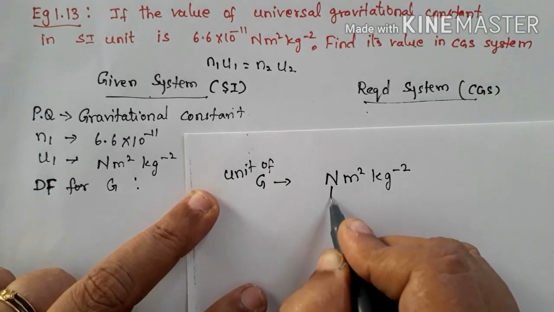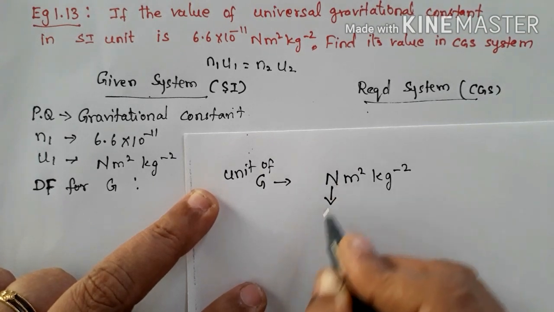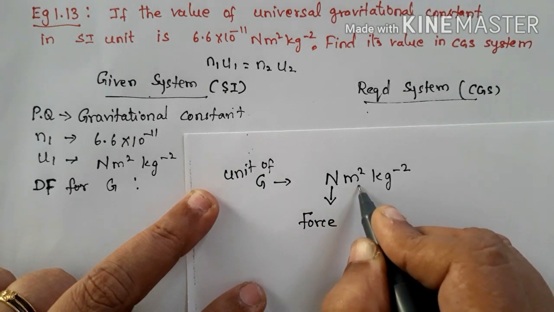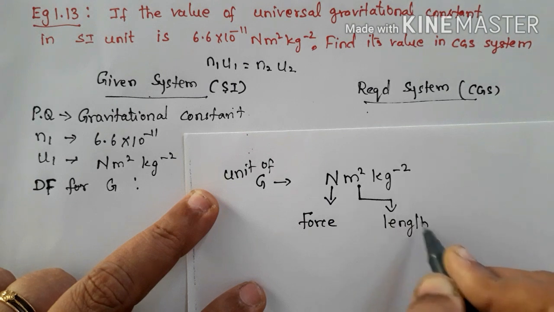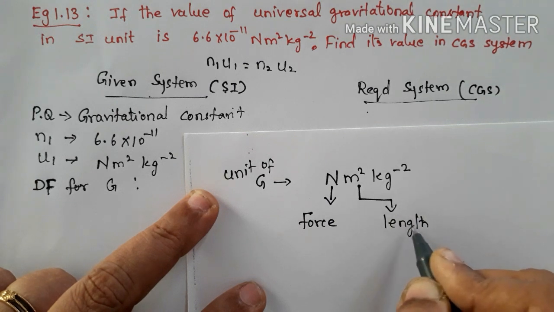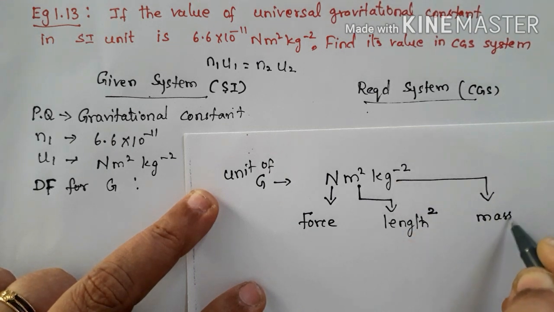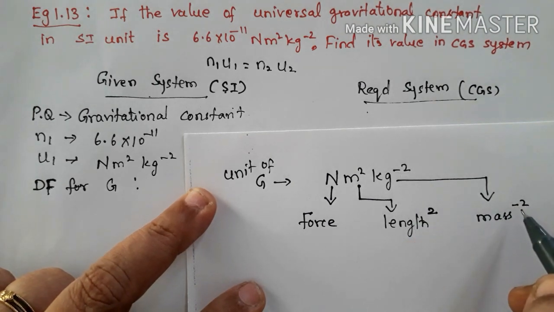Newton is the unit and the physical quantity involved here is force. Meter is the unit of length, so I will write it as length square. Next, kilogram is the unit of mass, and because I have power minus 2, that's what I have written here.